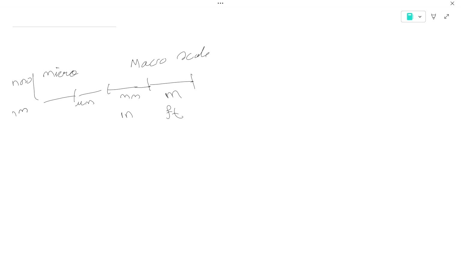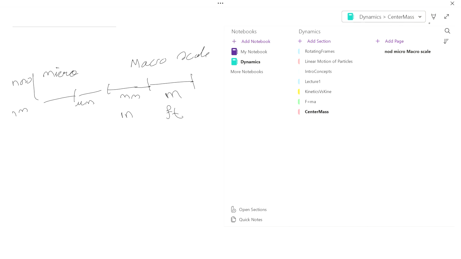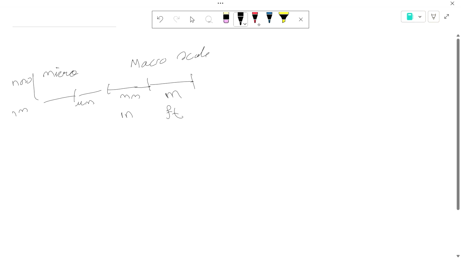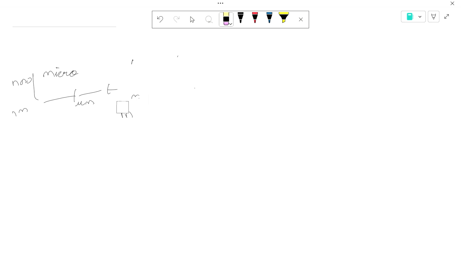Nanoscale is obviously nanometers. Okay, but before we go further, I wanted to clarify that in nanoscale and Armstrongs, you probably want to use something like quantum physics. But in macro scale, where you have millimeters and meters and feet and inches, the laws of dynamics, the mechanical laws of Newton, are very useful.